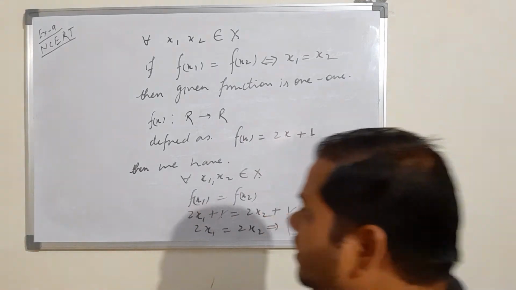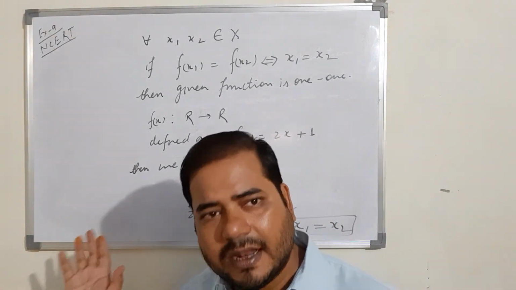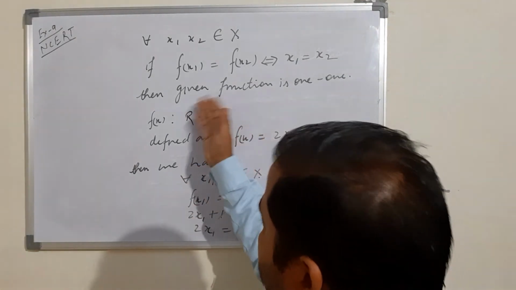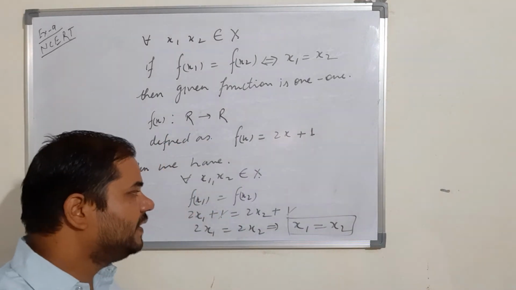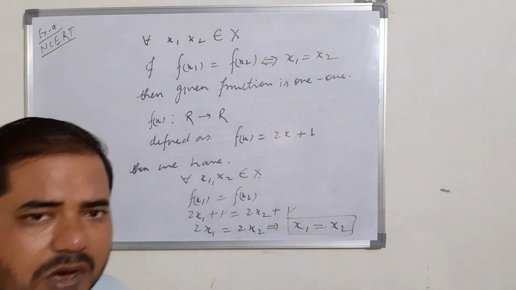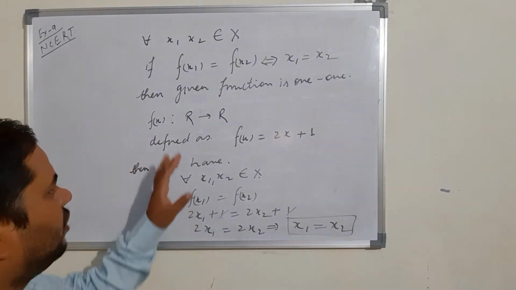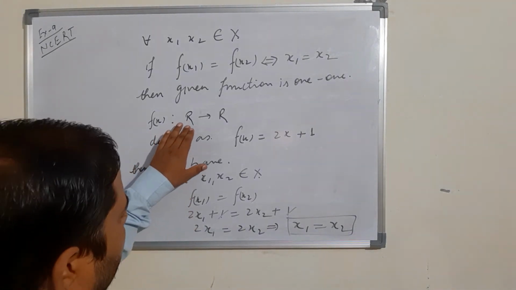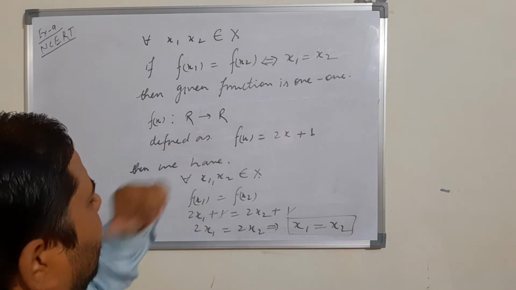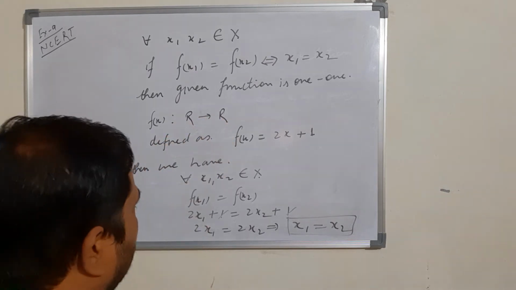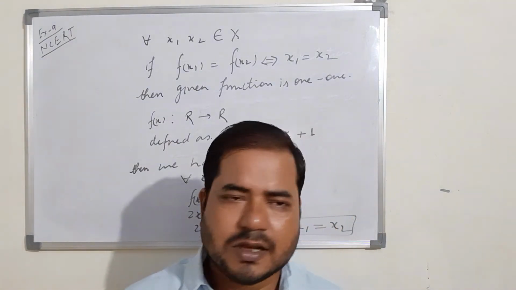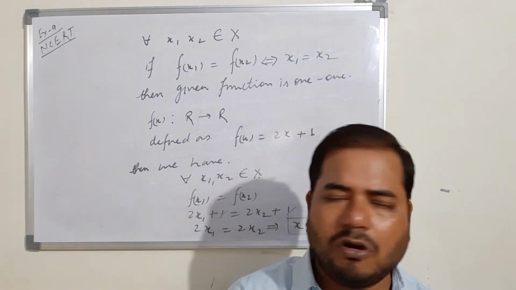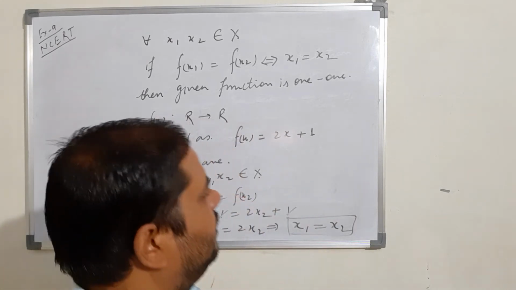But if we change the set, that means the domain and range, this X and Y, then maybe the function is not one-one or not onto. Suppose this is from R to Z. R is the real numbers, positive, negative, and all these are contained in real numbers.